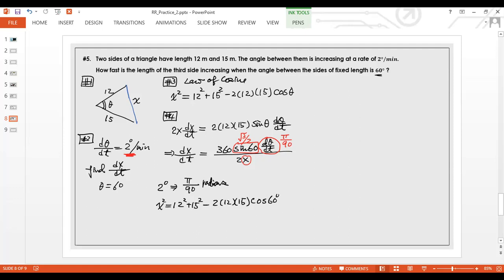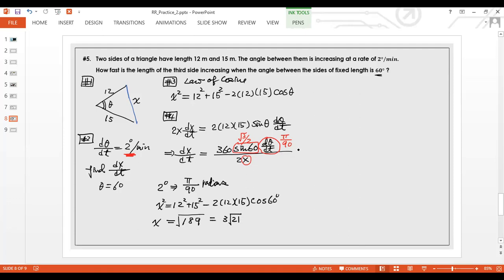If you plug all the values in, then x will just be the square root of 189. You can simplify that. It's 3 square roots of 21. All right, so that is the x value.